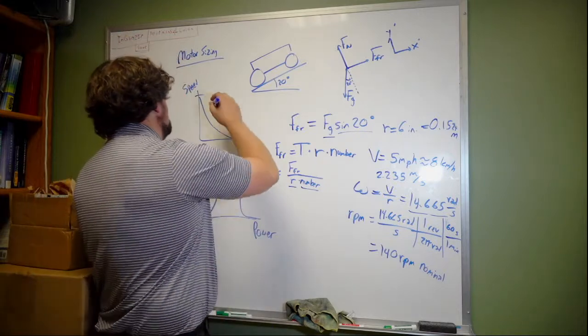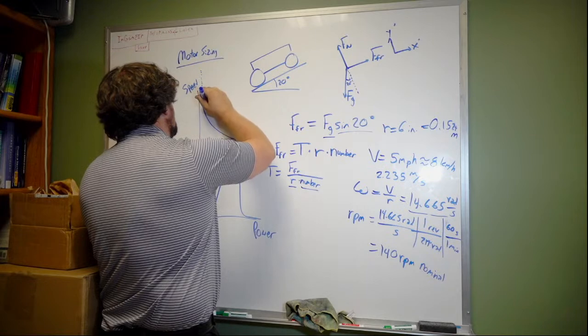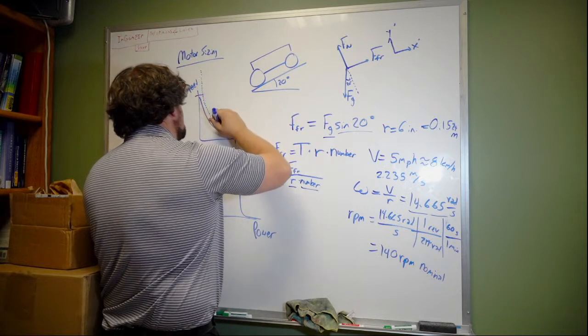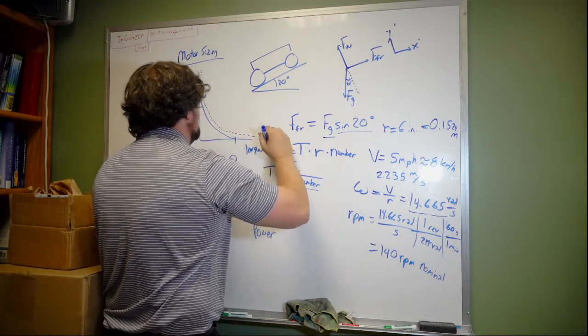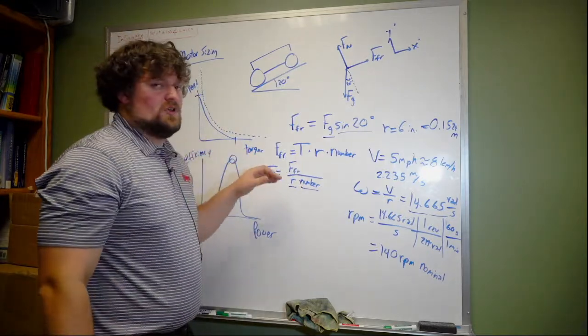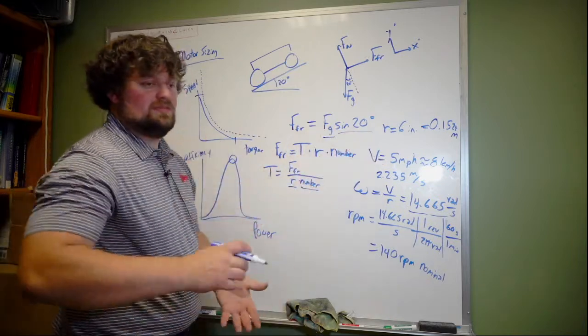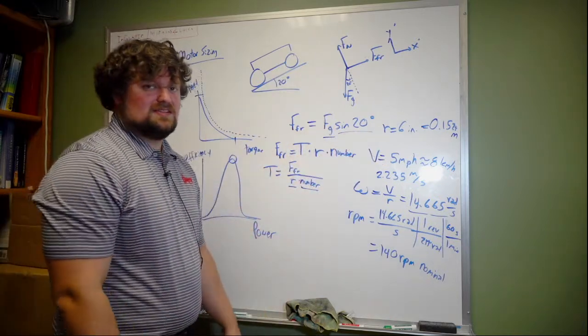Now if we were to draw in a power curve, the power curve for whatever power is selected is going to look something like this. Okay. What happens is at 0 speed, according to the power curve, you should have infinite power, but that's not possible.